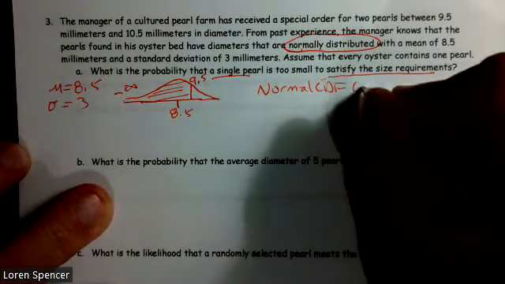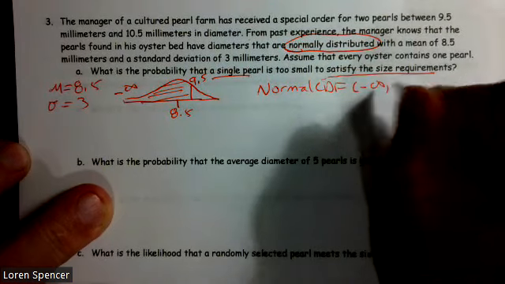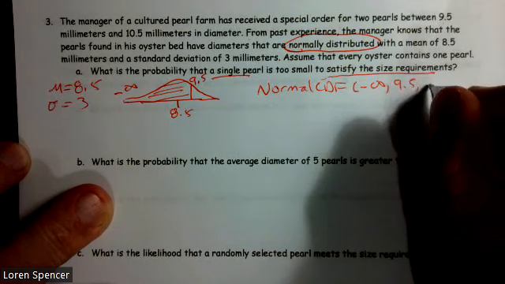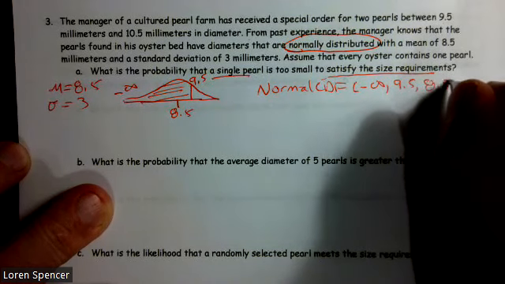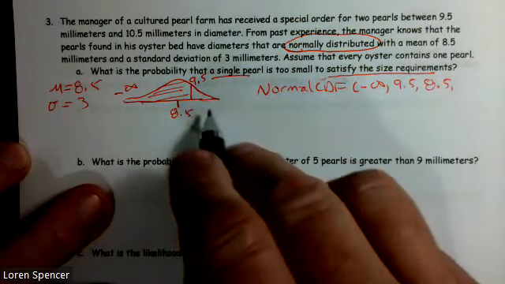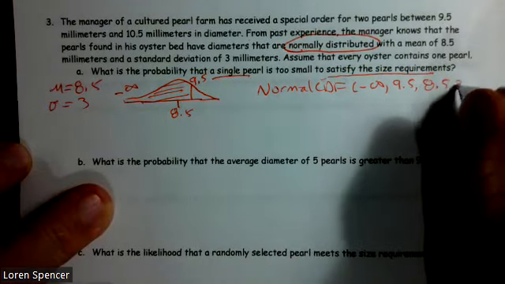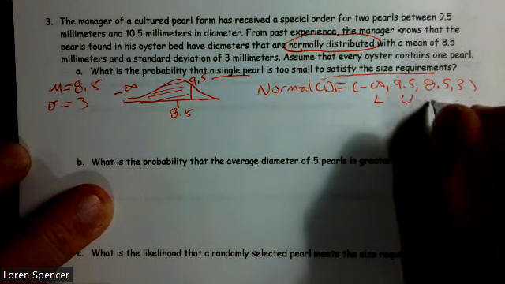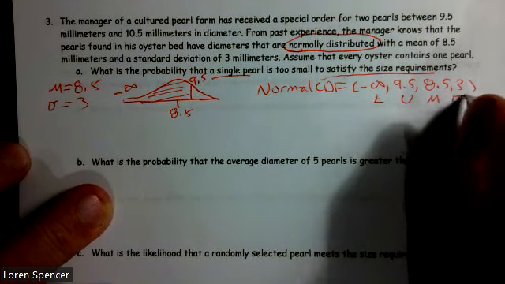So normal CDF, negative infinity is my lower. My upper is 9.5. My mean is 8.5. And my standard deviation in this case is 3. So lower, upper, mean, standard deviation.